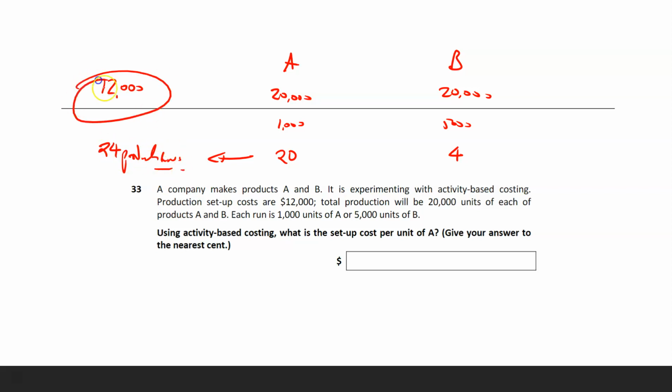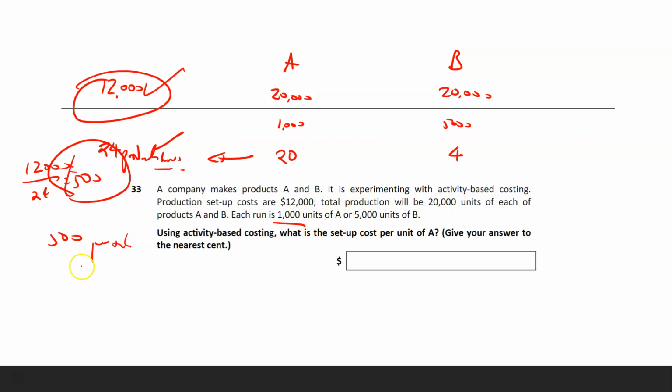Now we have setup costs of £12,000. If you have a total of £12,000 and 24 production runs, each setup cost will be 12,000 divided by 24, which is equal to £500. So you will have £500 per setup. Now, each run for A is 1,000 units.